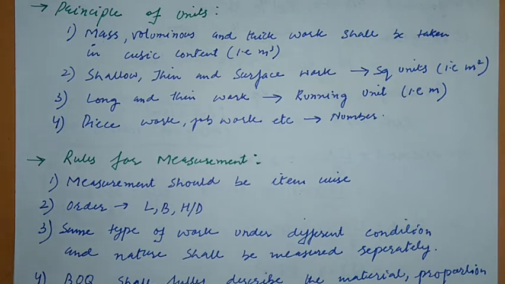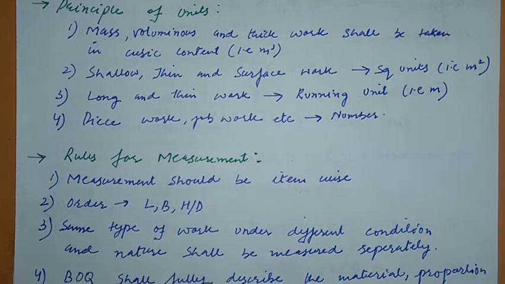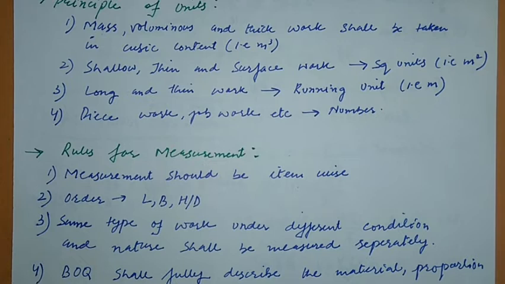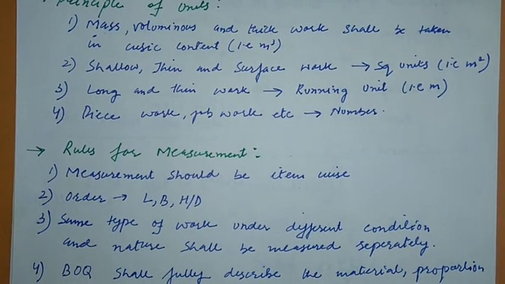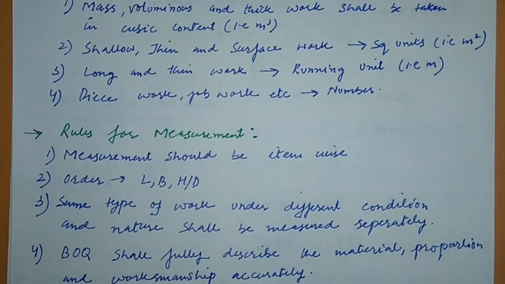The third is that the bill of quantity, that is BOQ, shall fully describe the material, proportion and the workmanship accurately. The fifth one is that the work under the following categories shall be measured separately and the height shall be described. That means first we need to calculate from foundation to plinth wall separately, then from plinth to the first footing, similarly from first footing to second footing, and so on. It should be measured separately, and for each item height should be described there.